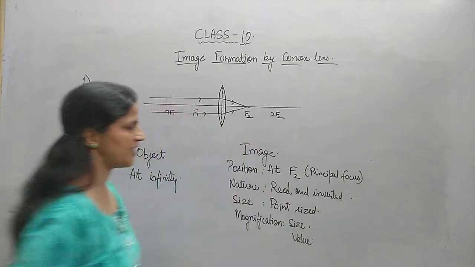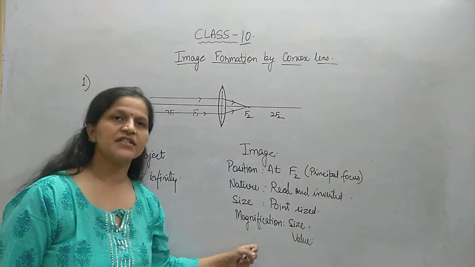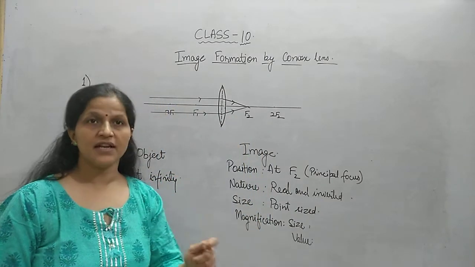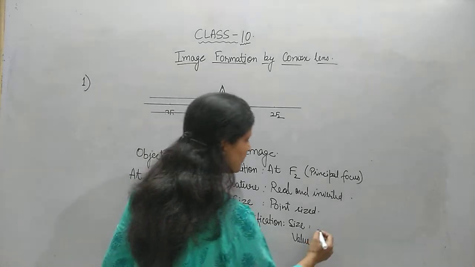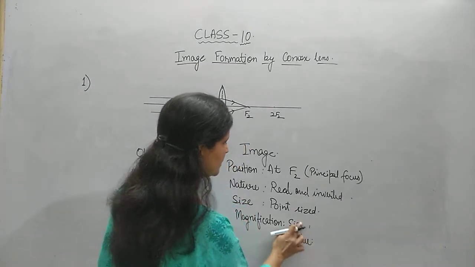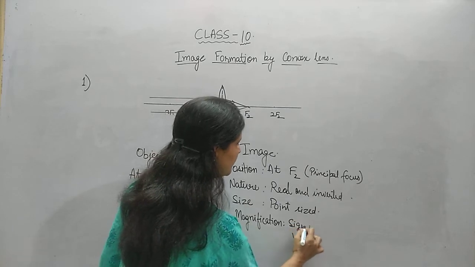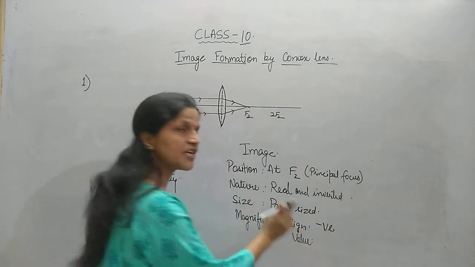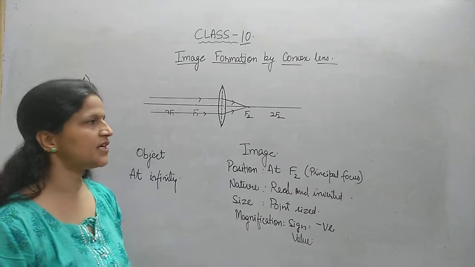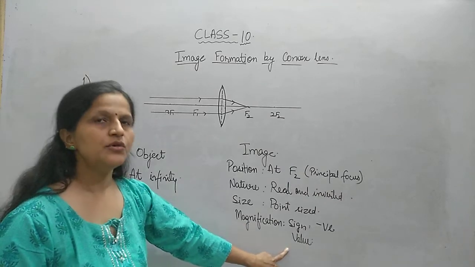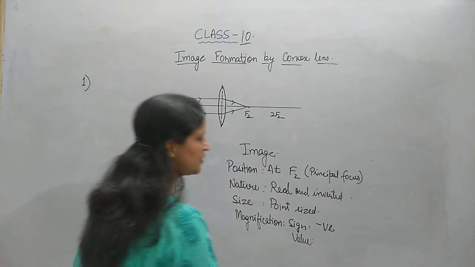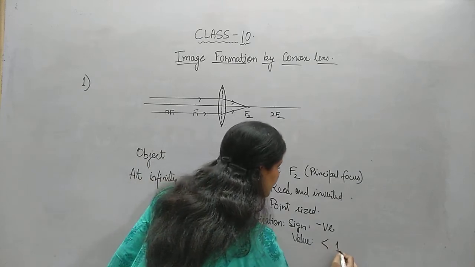Coming to magnification, if the image formed is real, then the sign of the magnification will be negative because the image is real and inverted, and the value, because it is a diminished image, will be less than 1.